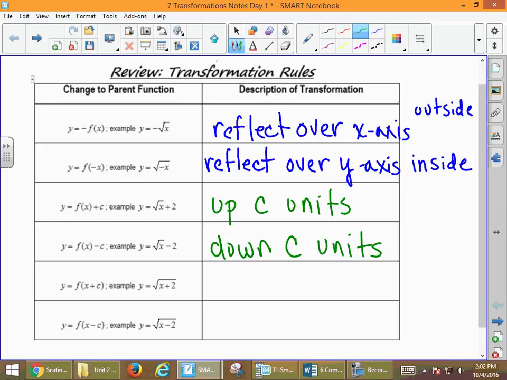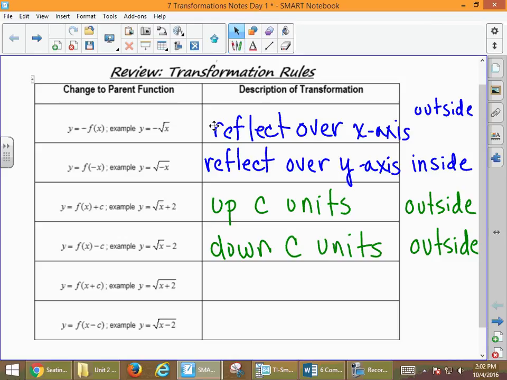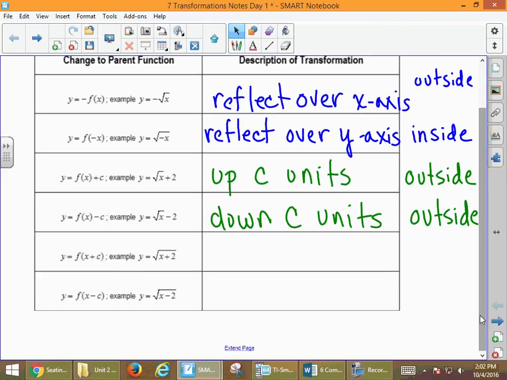The function's f of x, and then we're adding something to it, or it's f of x, and then we're subtracting from it. These are outside of the function.